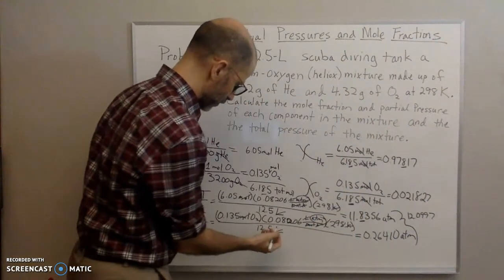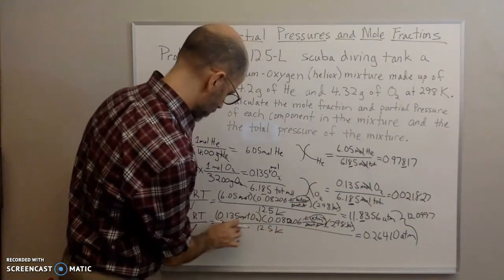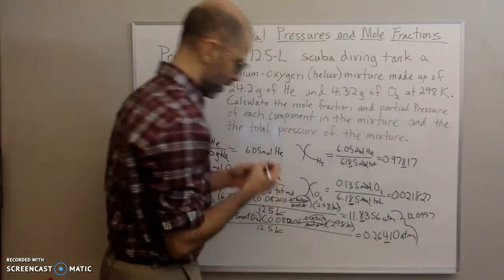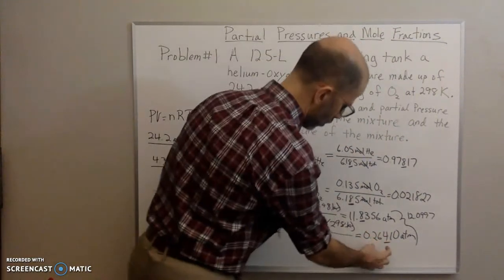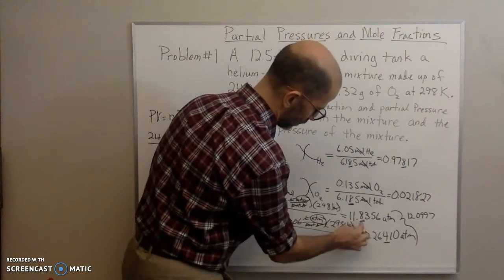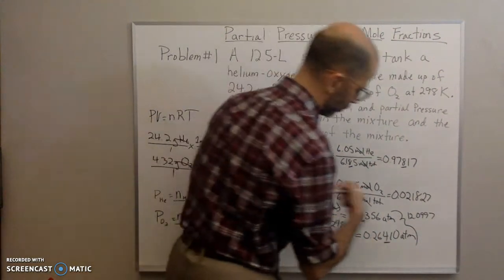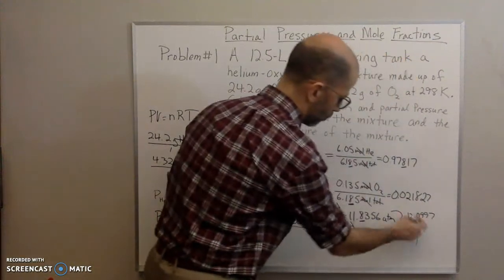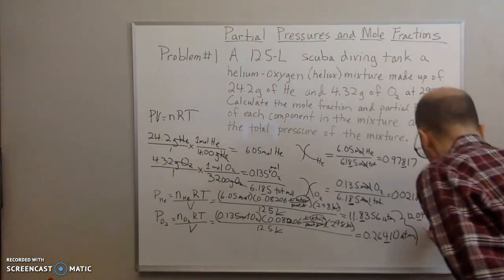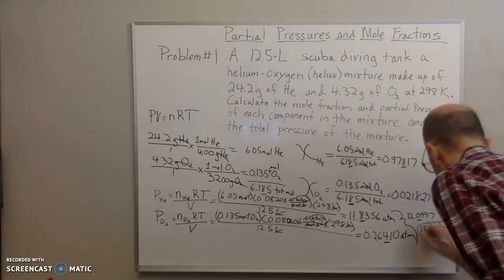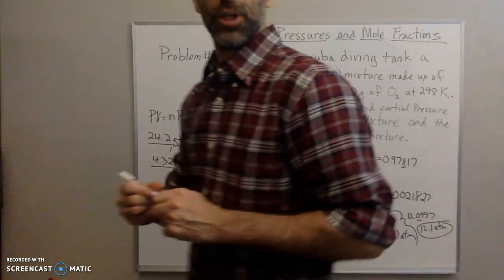Okay, let's check our sig figs. So this is 3, 3, 4, and 3, so we should have 3 there. If we add these together, least number of decimal places. So this is 1 decimal place. This is 3, so we are only allowed 1 decimal place. So we round that to a 1. So the total should be 12.1 atmospheres. Now, that's the first way we can do it.